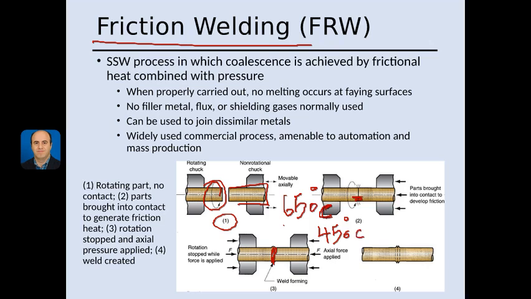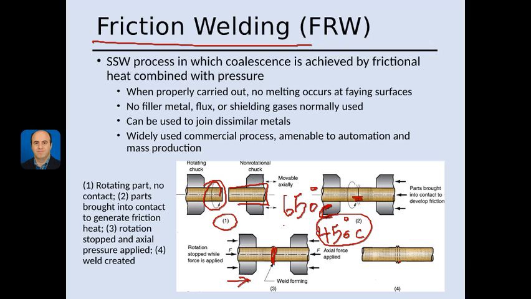So the material is in plastic mode. Then more pressure will be applied at that stage. Then the rotation is going to be stopped while we apply force. Then the part will solidify, will cool down.